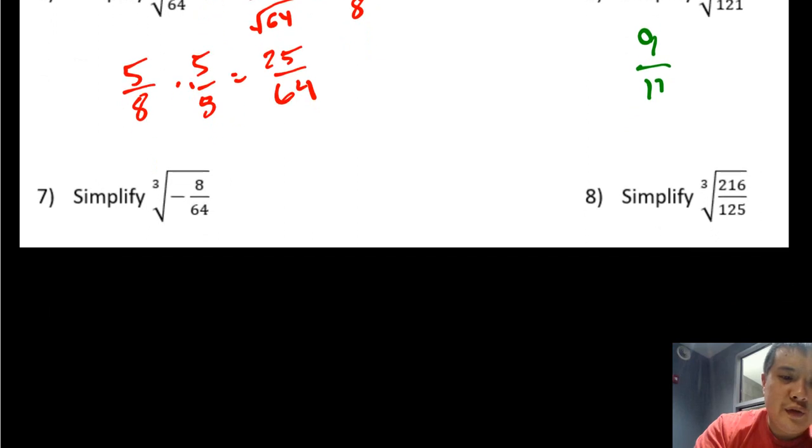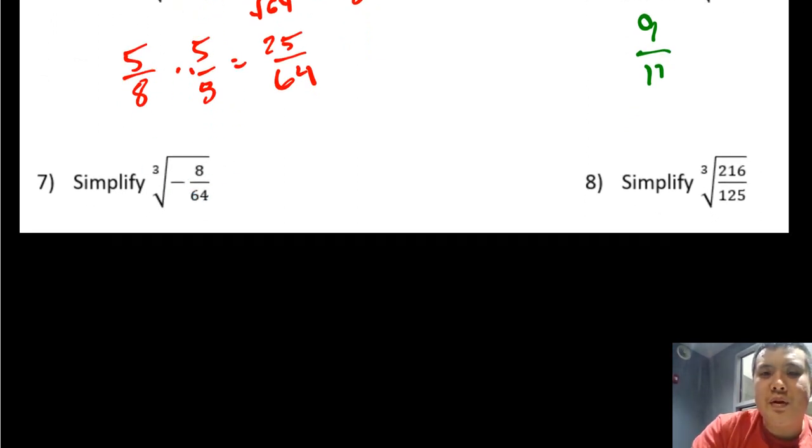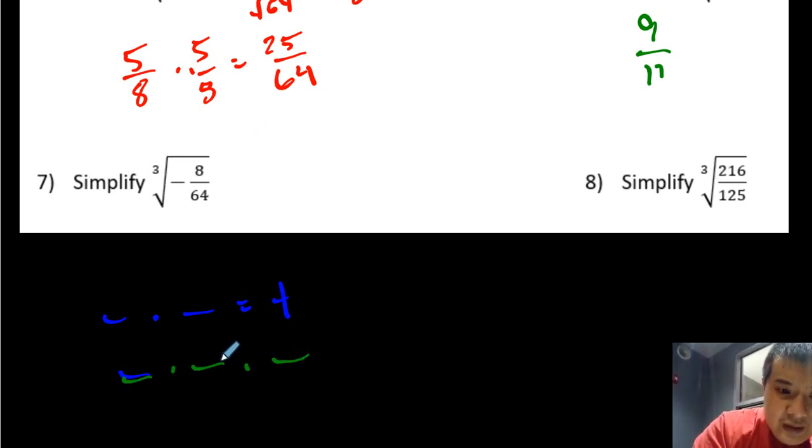And then here, the key thing for this one is this is cube root. That means what number multiplied by itself 3 times gets you negative 8 over 64. Now, notice how that's a negative number inside this cube root, which means that our answer, because a negative times a negative is a positive, but a negative times a negative times a negative, because these two negatives cancel out, leaving this last one over here, gives us a negative.